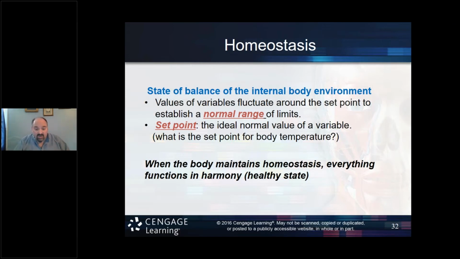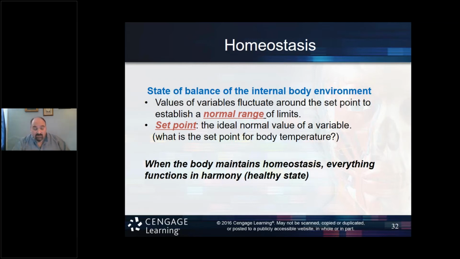Now, there's two ways that the body can do this. We would have positive feedback and negative feedback. Negative feedback is the way that we're able, in a healthy manner, to bring the set point back to where it needs to be. So when the set point has gone too high, say the body temperature is 102.5, that's high, right? We want to bring that back to the healthy set point.